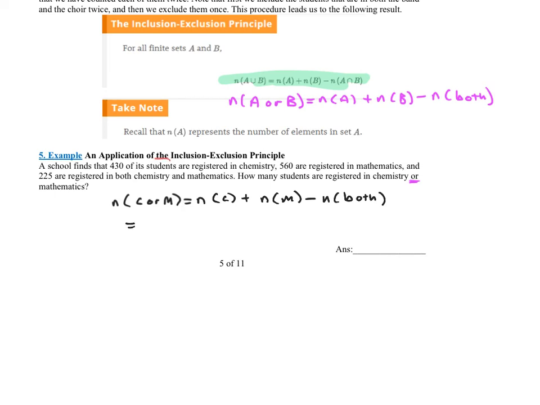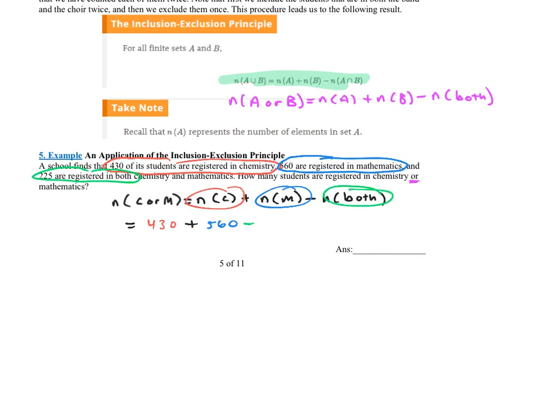It says 430 students are in chemistry, so that gives us that number right there. There's 430, plus we have 560 are registered in mathematics, so plus 560. Then we have minus, well, 225 are in both, so minus 225.